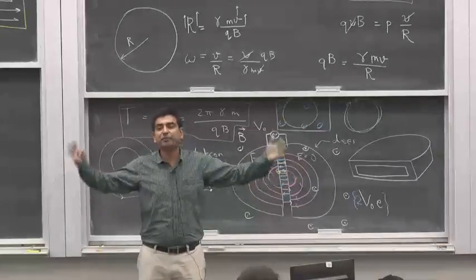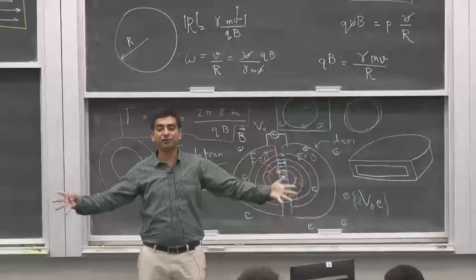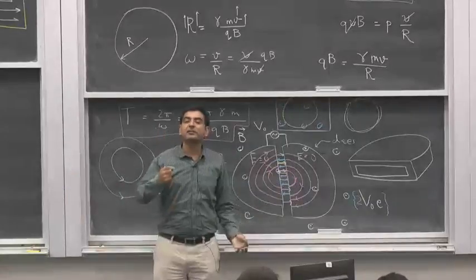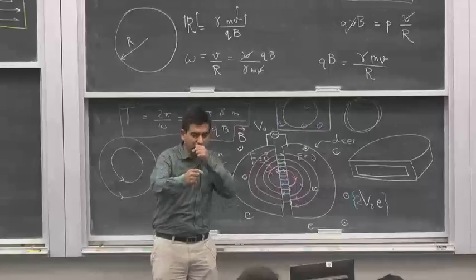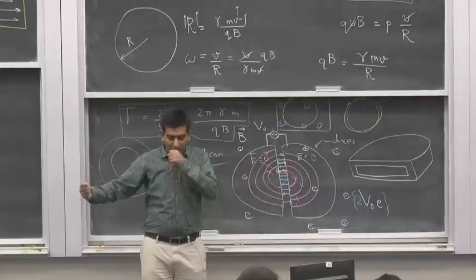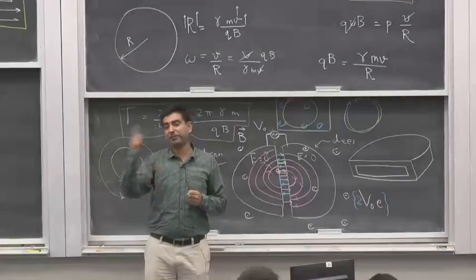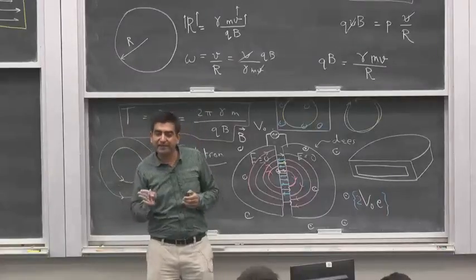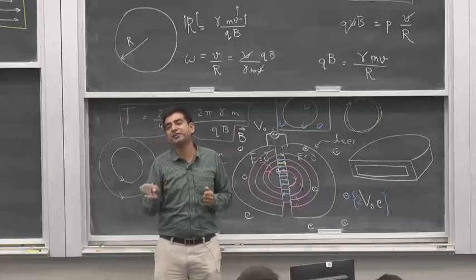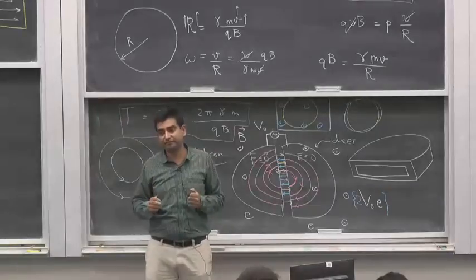It's not easy to apply sustained voltages of the order of mega volts. Here you just have, say, a few volts and with an AC voltage at the proper frequency, you can make the electrons actually go to really high speeds by giving them small boosts of energy, small injections of energy. And this is how a cyclotron works.